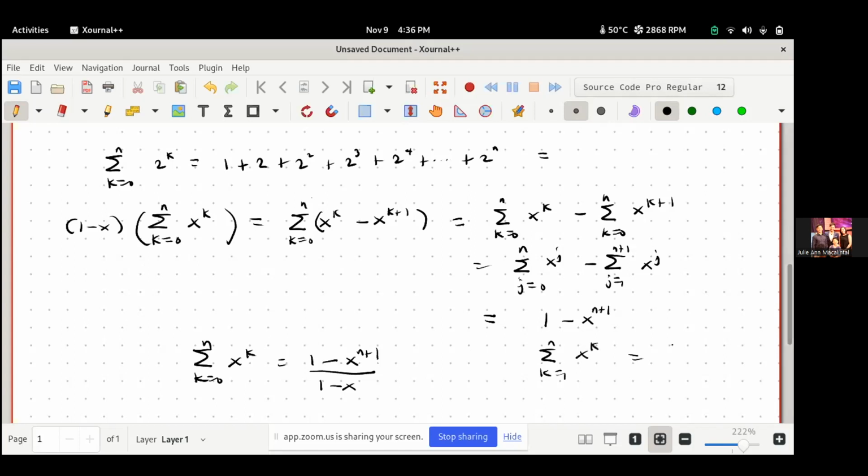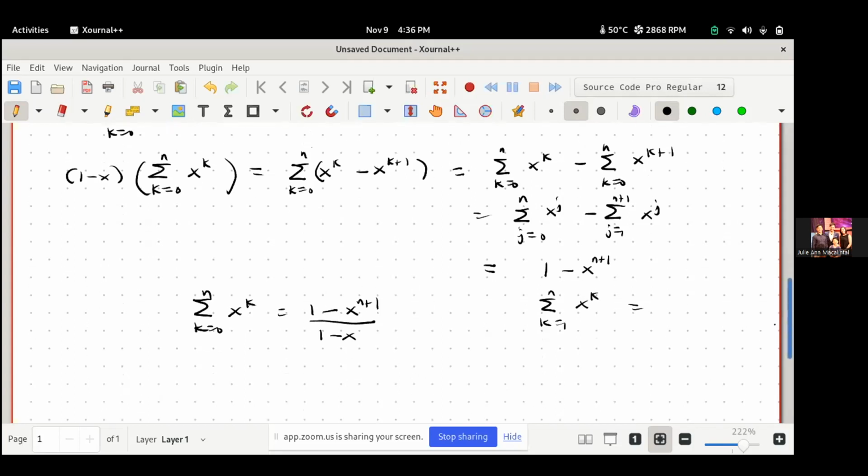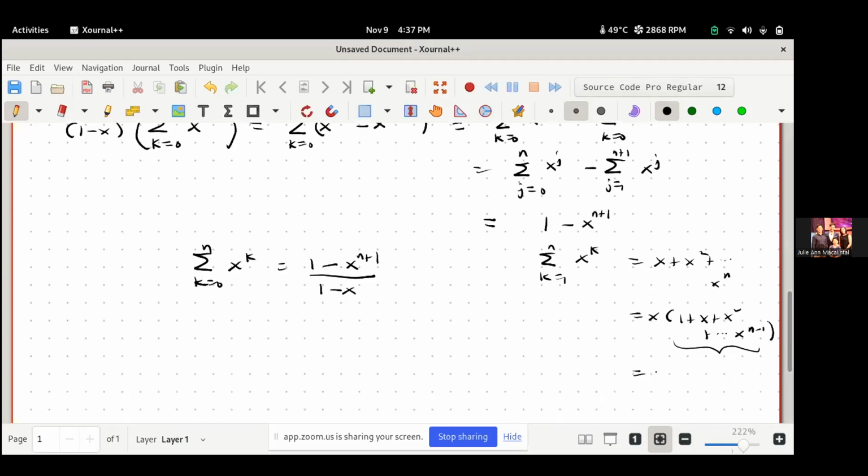Well, may option tayo na di ba this is x plus x square hanggang x to the n, di ba? Factor out x. And then, we can use the formula here. So this becomes x to the 1 minus x to the n.